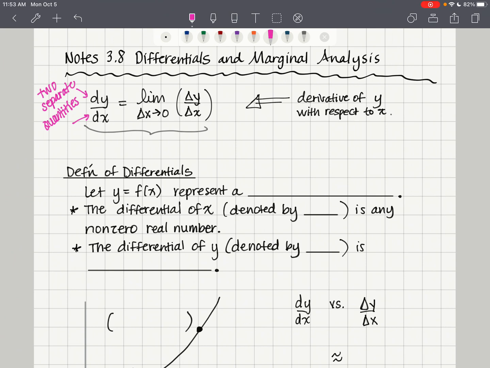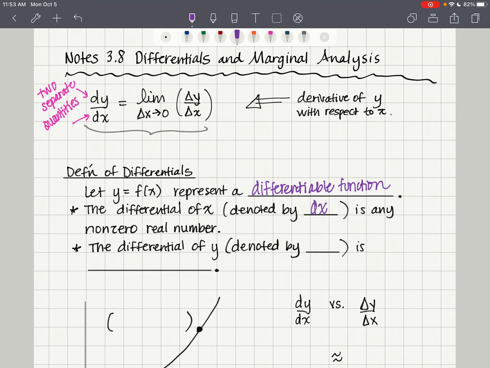First, we have to have a function y, which is a differentiable function. So we're first going to be dealing with differentiable functions. Once we have a differentiable function, the differential of x is denoted by dx.